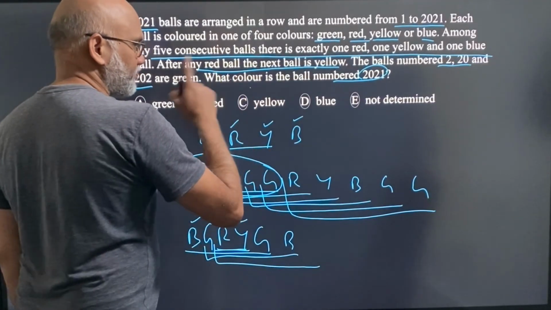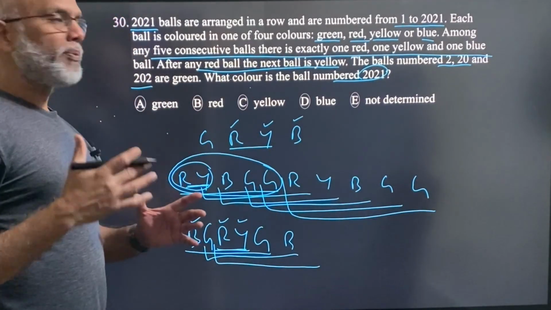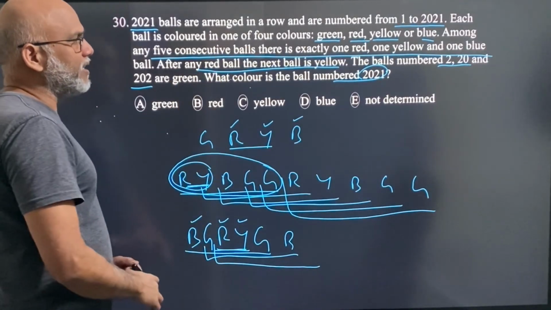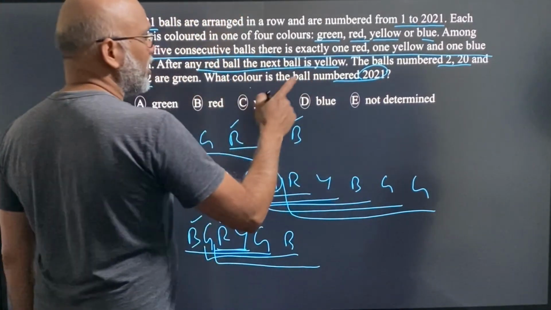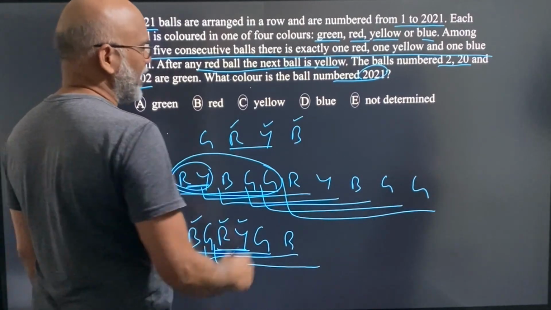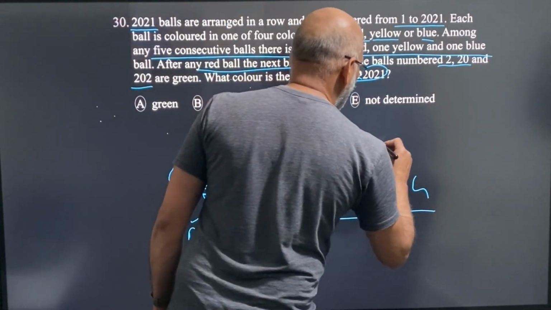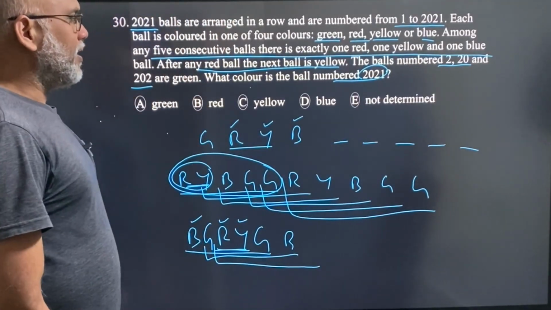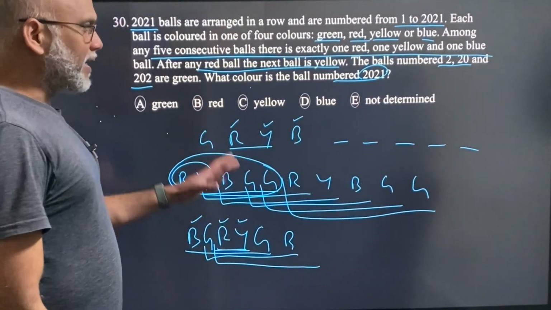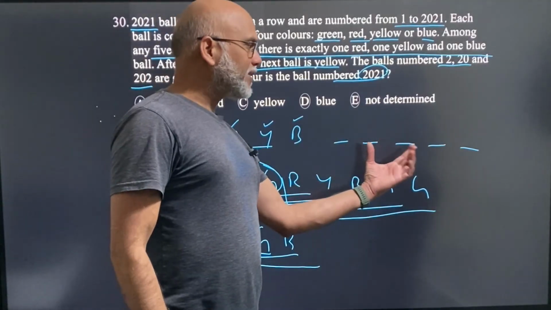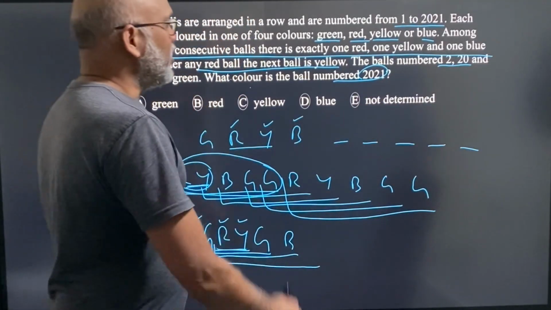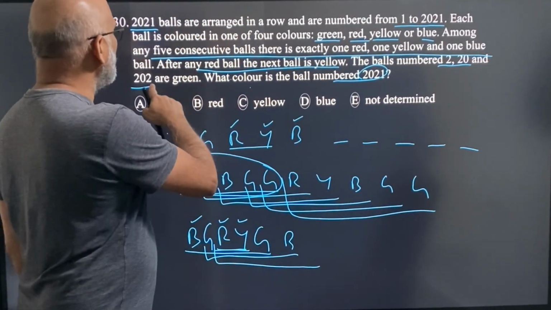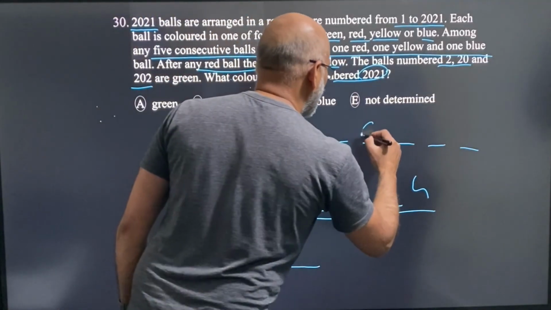Let's see if we can determine the pattern based on some other condition that is given. It's given that the balls number 220 and 202 are green. Let's say these are the first 5 arrangement, and if I can figure out this pattern, it just repeats. Ball number 2 is green, so this must be green.